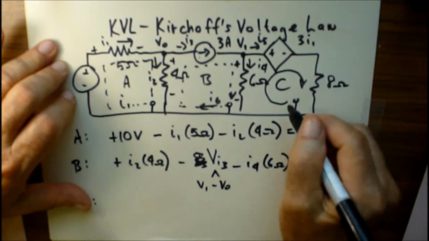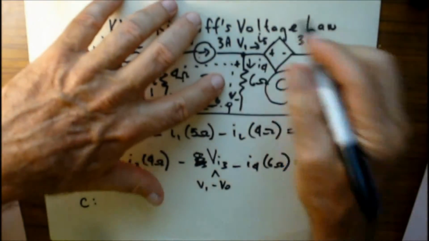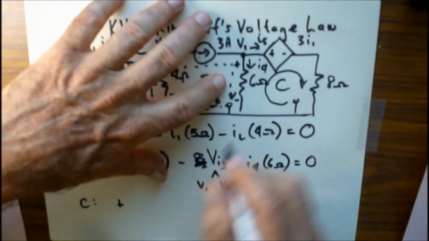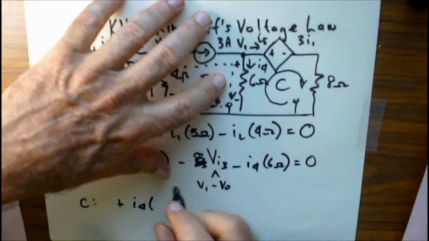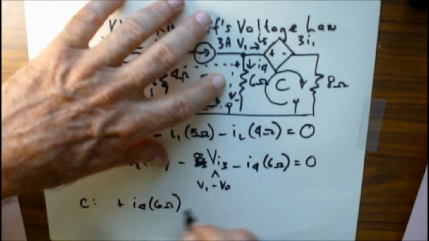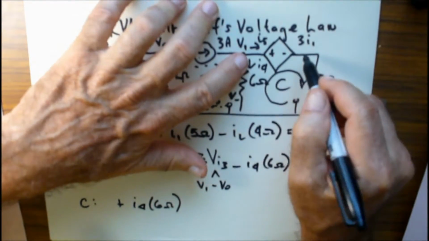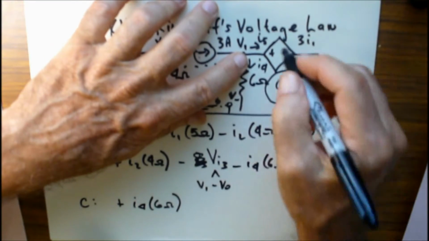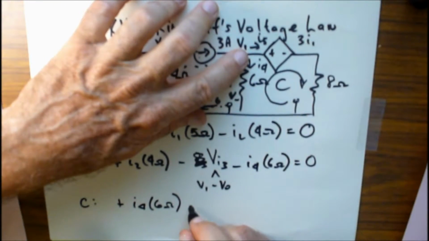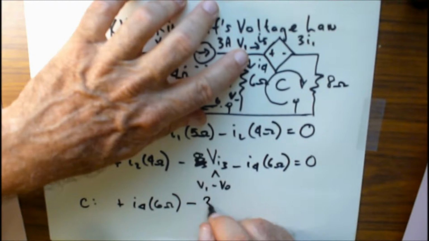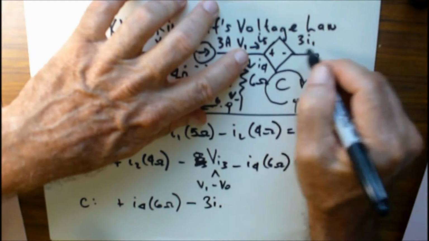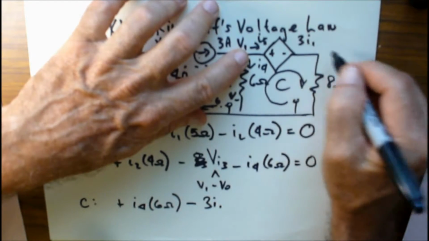So we start here, and we go from minus to plus, so that's plus I4 times 6 ohms, and then this goes from plus to minus, so that's going to be a drop, so that's going to be minus 3I1, whatever this dependent voltage comes out to.